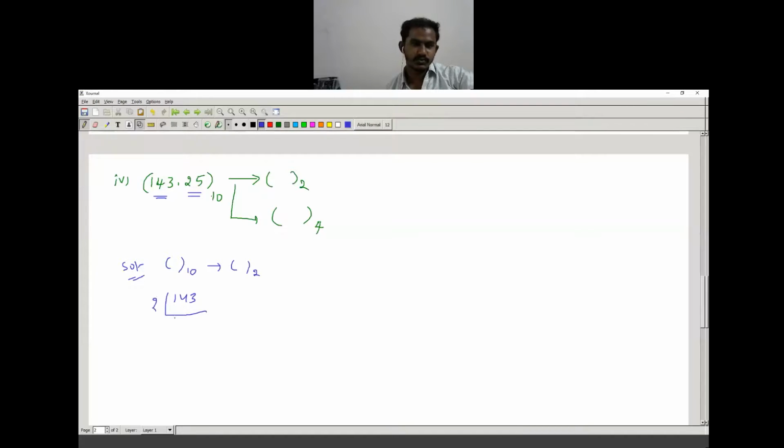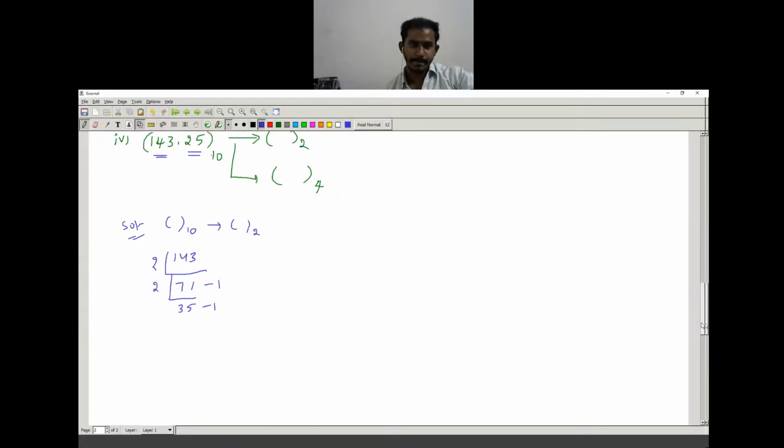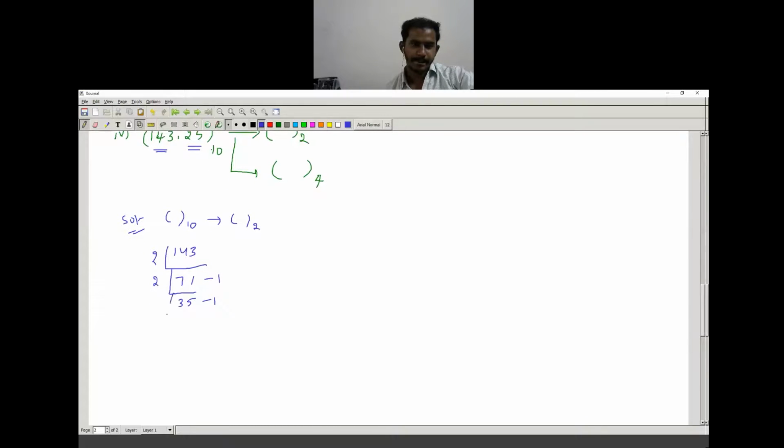2 sevens are 14 and 2 ones are 2, remainder is 1. After that, 2 threes are 6, remainder is 1. And again, 2 ones are 2, what is the remainder? 2 17s, remainder is 1.